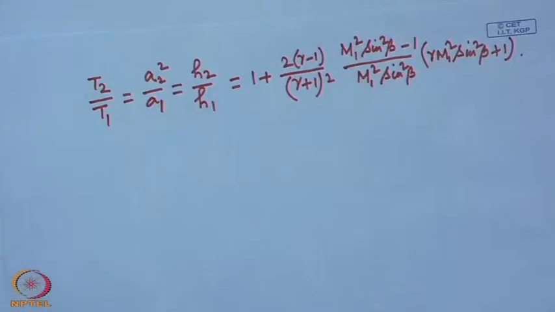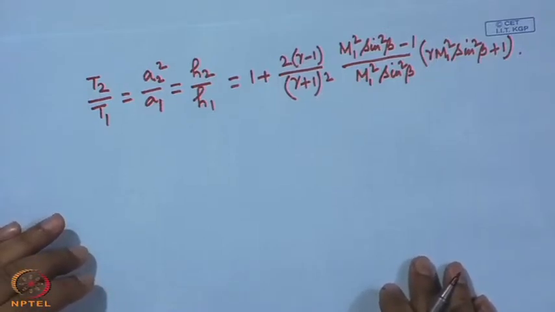See that in all these relations for a normal shock, the parameter M1 is now replaced by M1 sin beta.